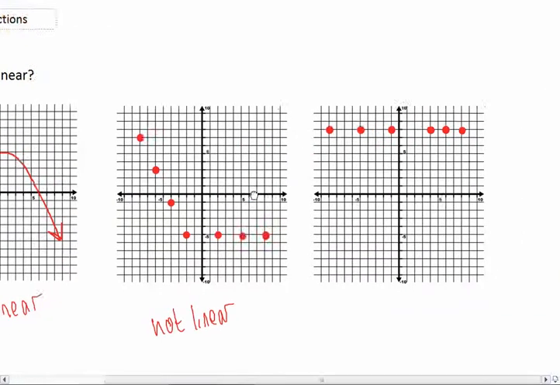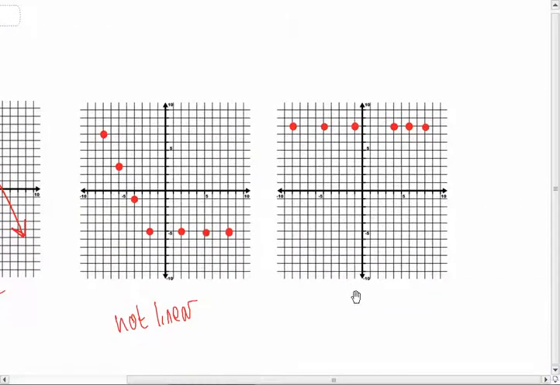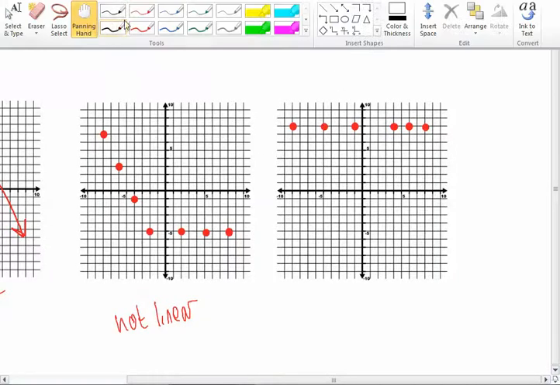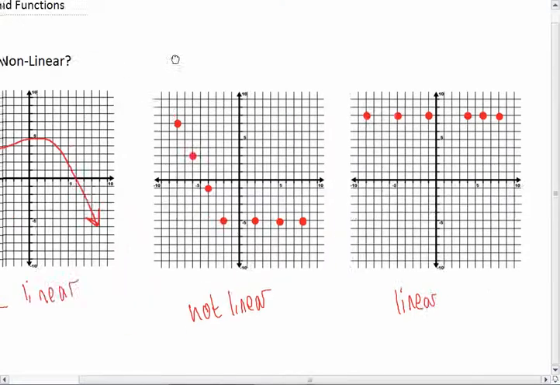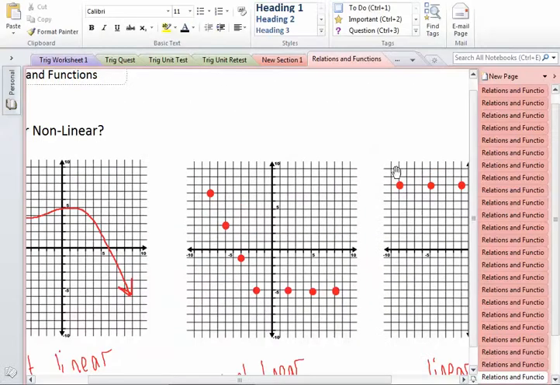Okay. Maybe we're seeing a pattern here. What about this one? Yeah, this is linear. Now, it doesn't matter that the points are spaced differently. All that matters is if the points lie on the same line. So this is linear. And it's a discrete linear, but it is still linear. So that's awesome. Okay, let's take a look now at our next guy.